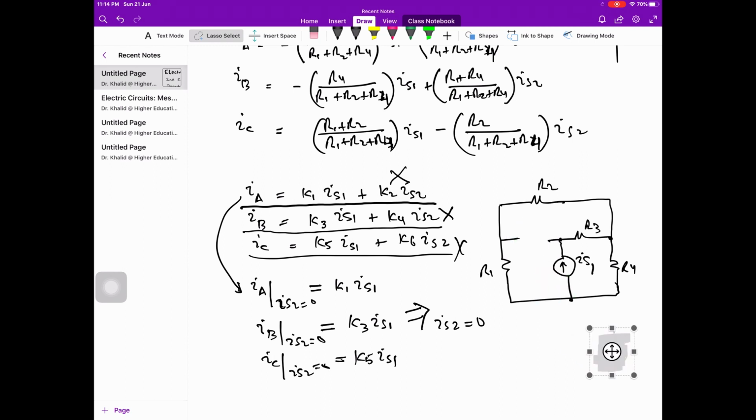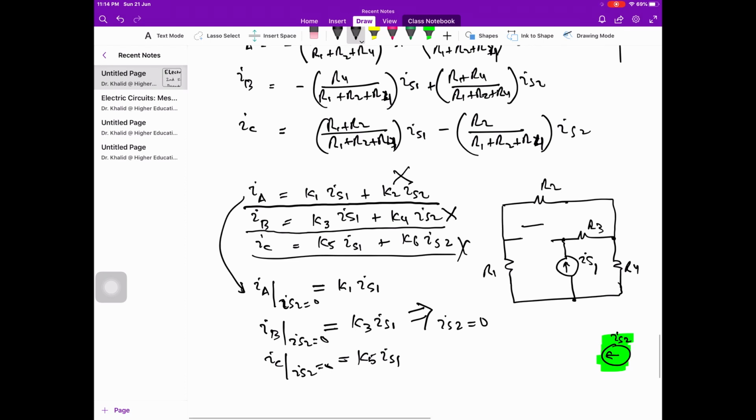If I remove this current source, no current is flowing through this. So then in the resulting circuit, we have only IS1, and we can find IA, IB and IC only due to IS1.